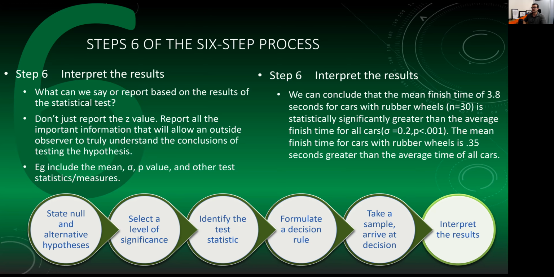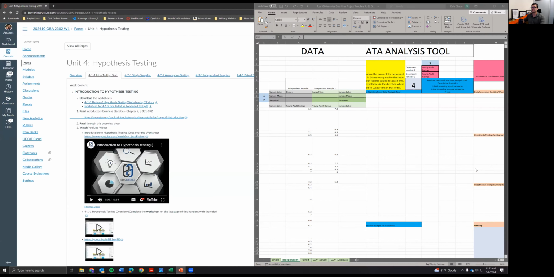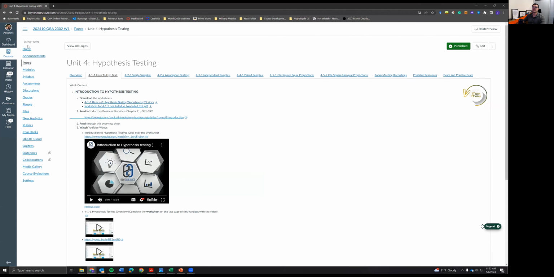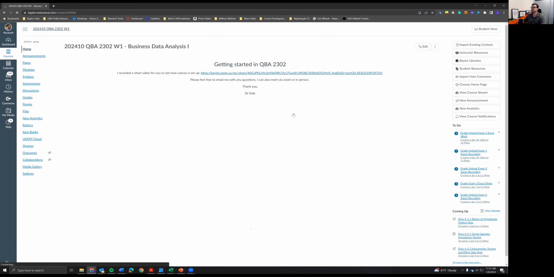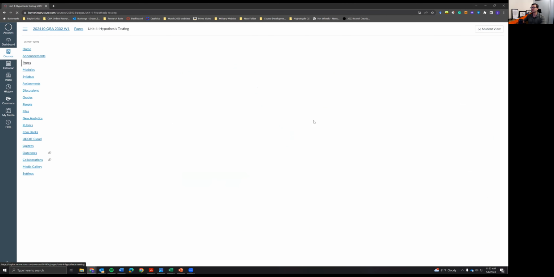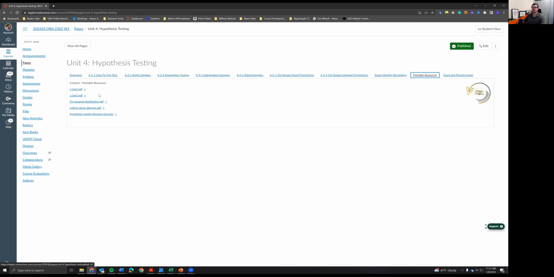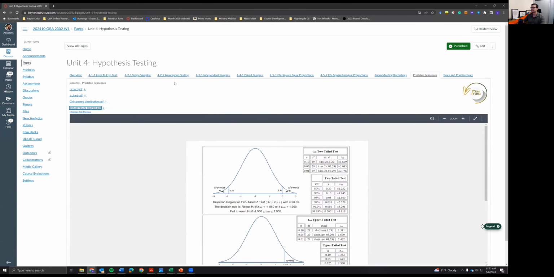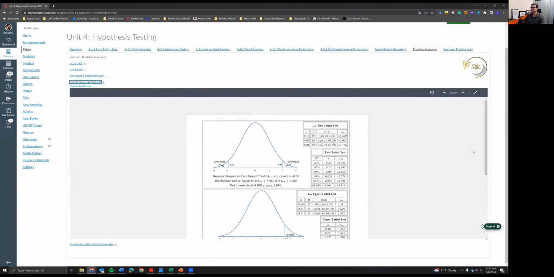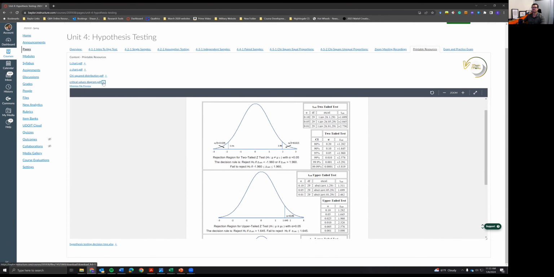There's lots of different ways to do a single sample test. I also want you to look at a resource that I put together for you guys, specifically to help you with critical values. So go to printable resources under unit 4, and we're going to go to critical values diagram. And with this critical values diagram, I'm going to download this so that way it's easier for me to see.